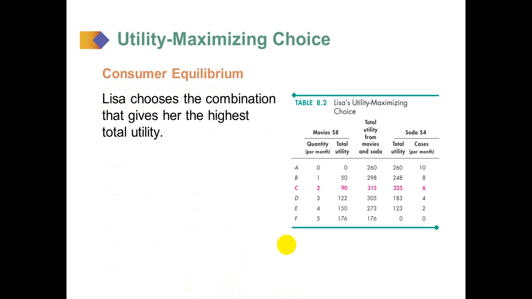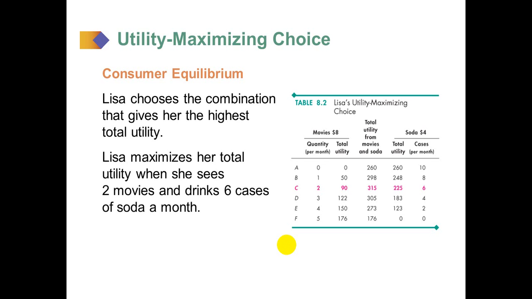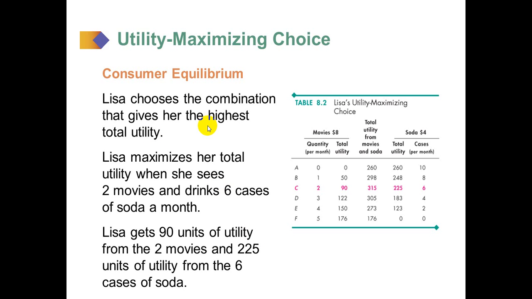Where is the equilibrium point for Lisa? Consumer equilibrium condition. Lisa chooses the combination that gives her the highest total utility. Lisa maximizes her total utility when she sees 2 movies and drinks 6 cases of soda a month. Why?